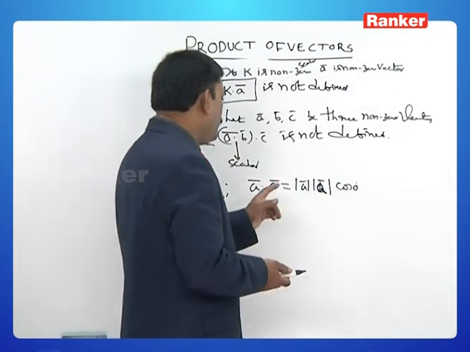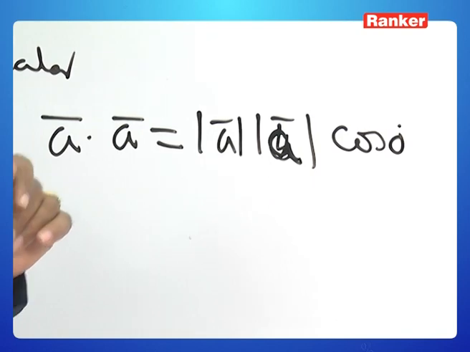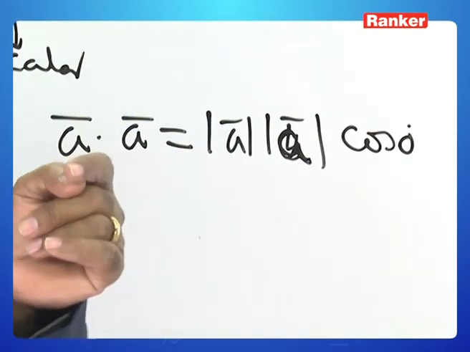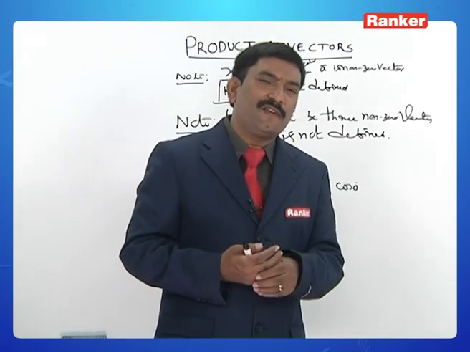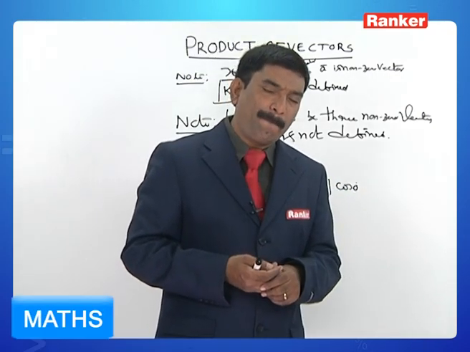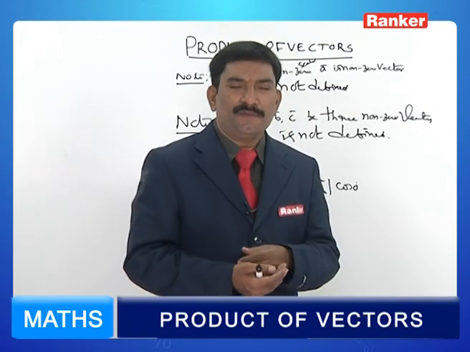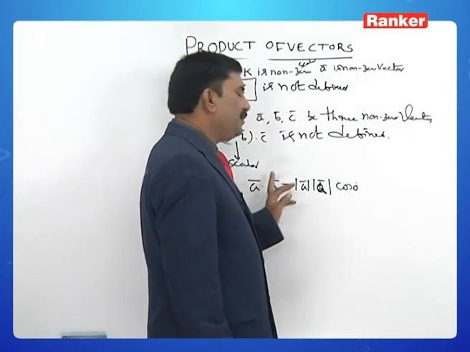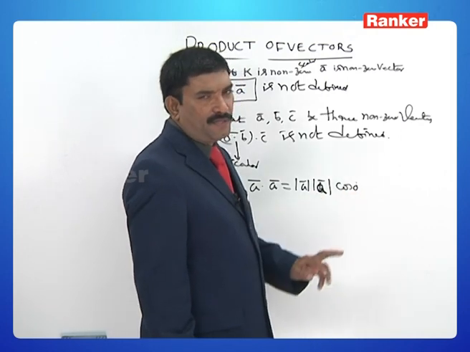So A dot A is a very good advantage. This property seems very silly and simple, but it has its own applications throughout vector algebra. Everywhere you can find it.